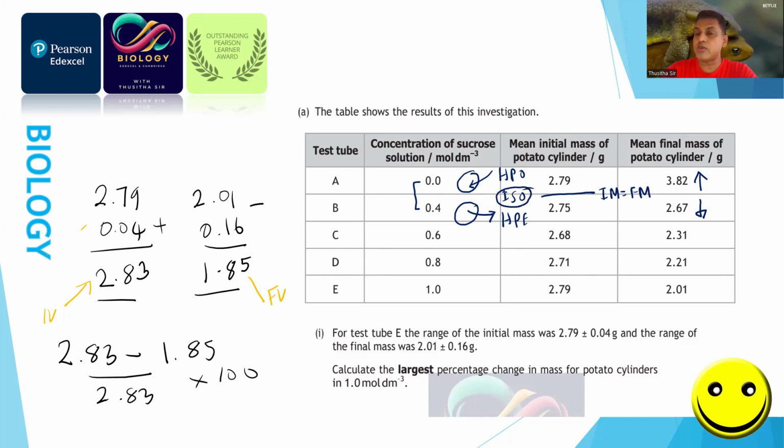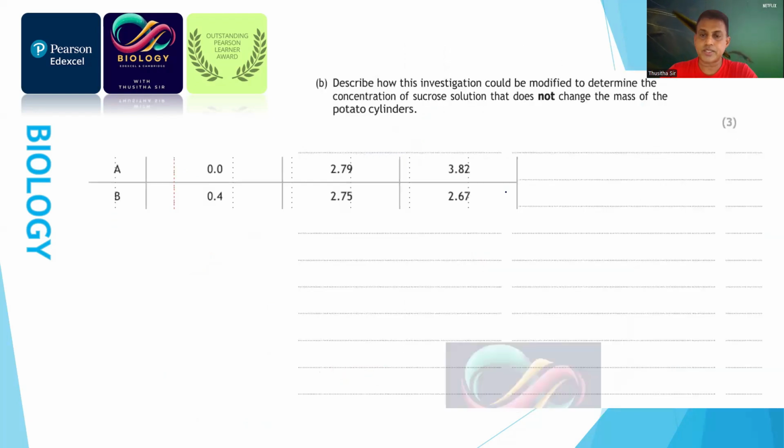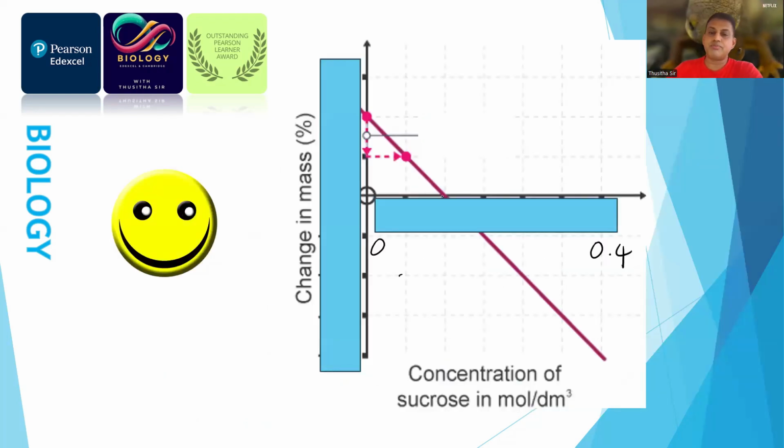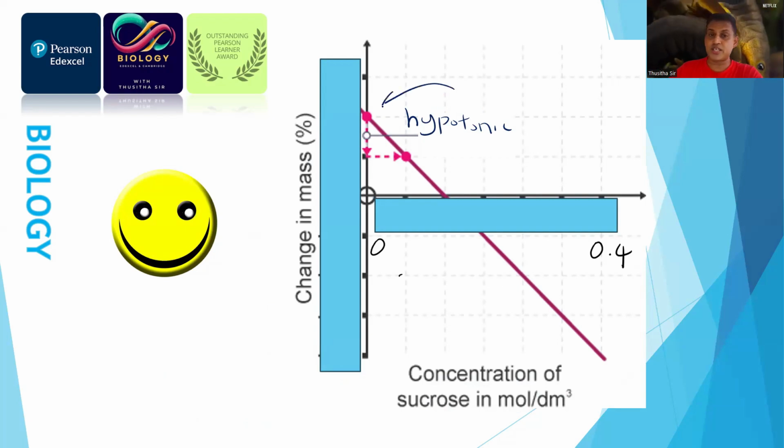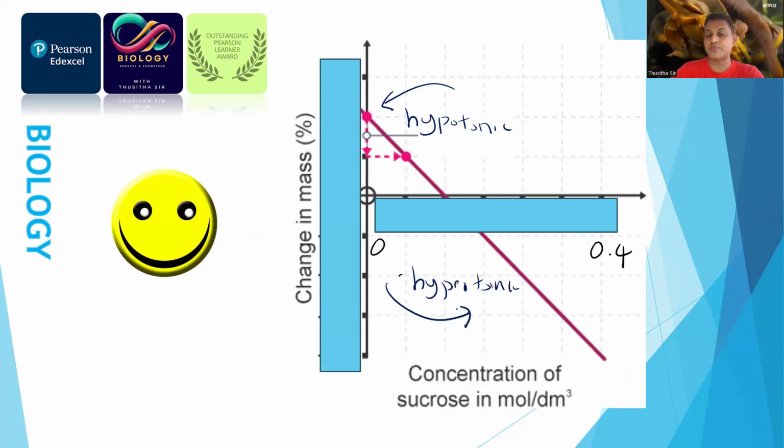So if you want to calculate the isotonic concentration, we need to plot a graph like this. And from this graph, if we use a hypotonic solution, then the mass increases because water is coming into the cell. If we use a hypertonic solution, mass decreases because water is going out. So then there's a zero change.